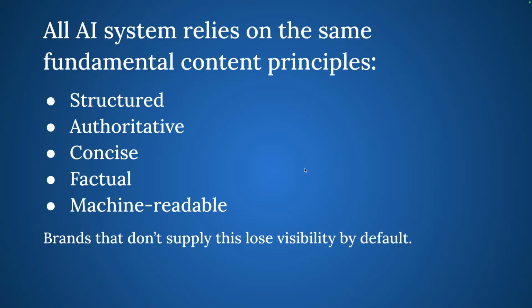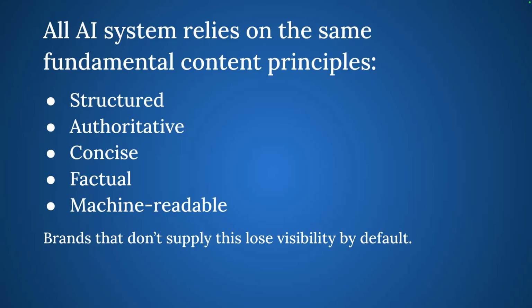It's important to understand that all AI systems rely on the same fundamental content principles. Content needs to be structured, authoritative, concise, factual, and machine-readable, and if brands don't supply this, they lose visibility by default.